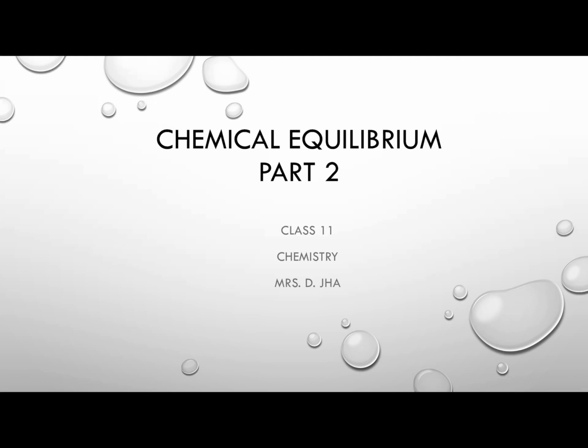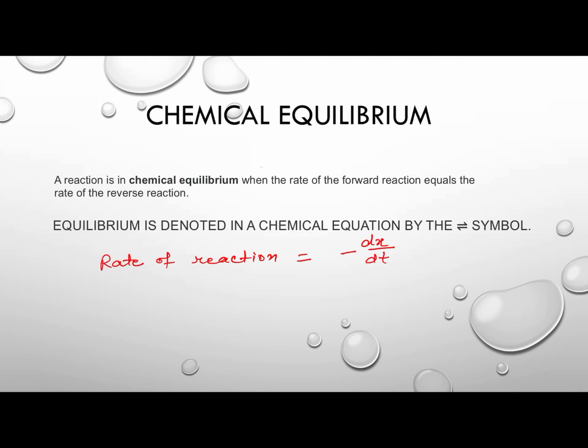In this lecture, we will discuss Le Chatelier's principle. As you know, in a reaction, a state of equilibrium is said to be attained when the rate of forward reaction becomes equal to the rate of backward reaction.